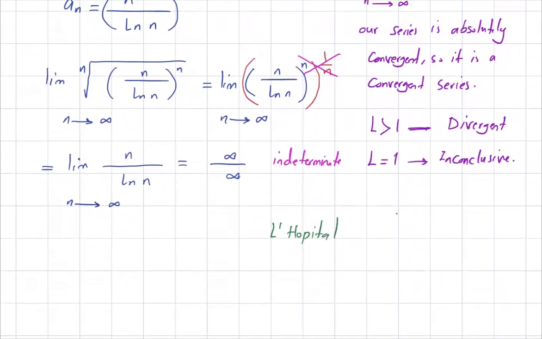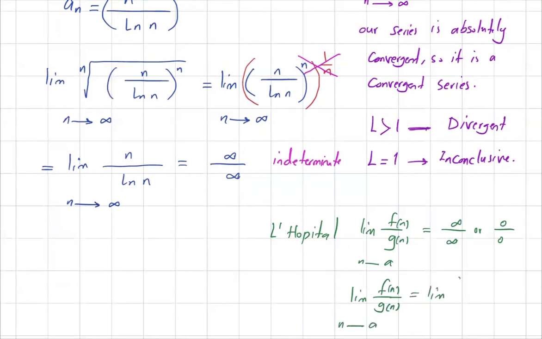Which says if you have f divided by g and take the limit as n or x goes to a, and it's infinity over infinity or 0 over 0, this limit of f over g as x goes to a is the same as the limit of the first derivative, f prime over g prime.